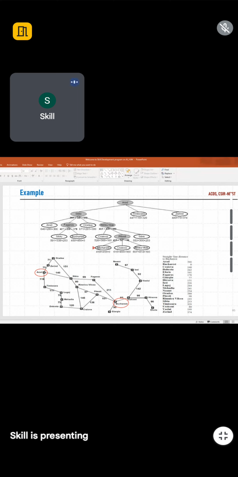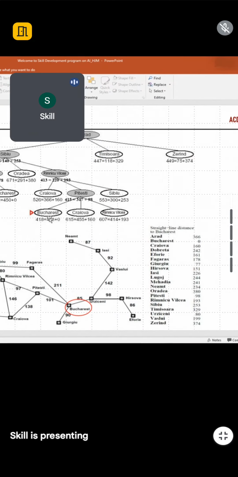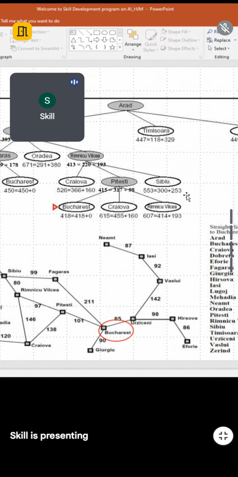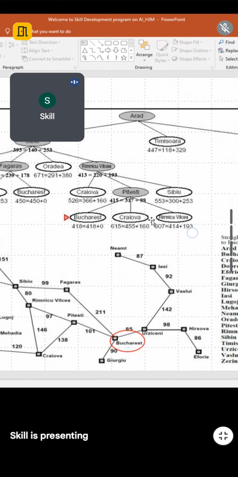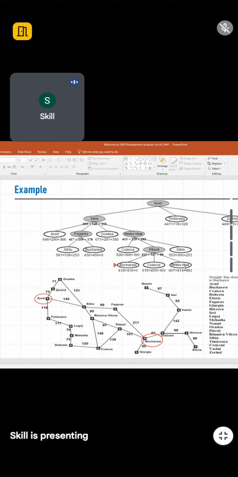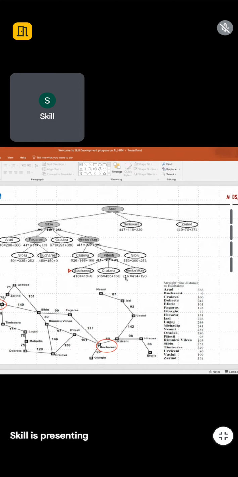We will again write the adjacent places: Bucharest, Craiova, Rimnicu Vilcea. So similarly, we will determine all the values of Fn from the values we will be using from the above and from the given values. We will get the values for each of these places as 418, 615, and 607.